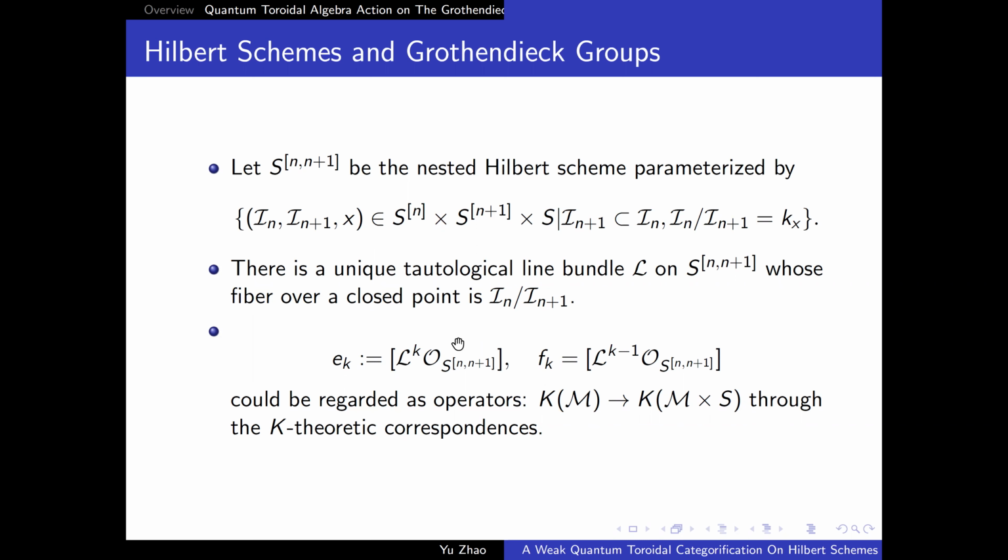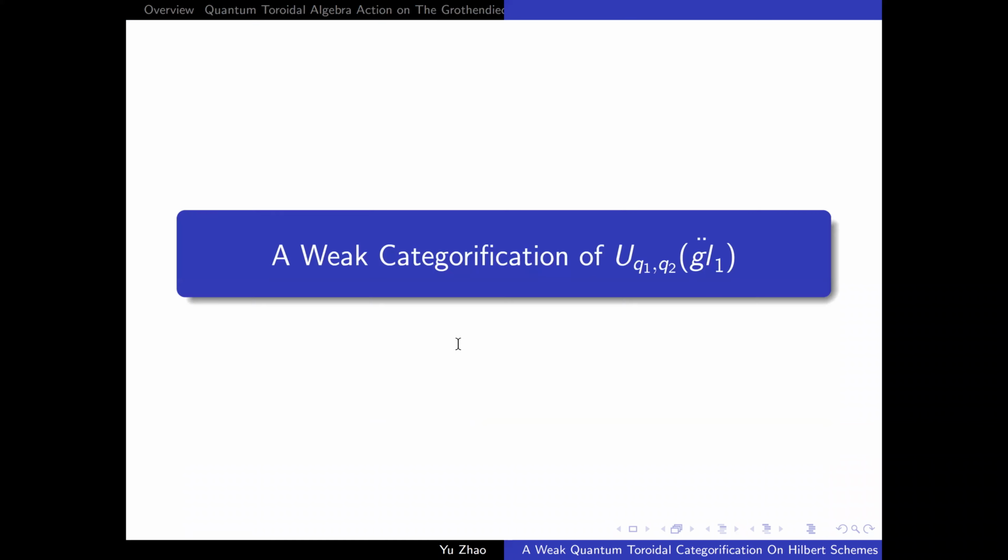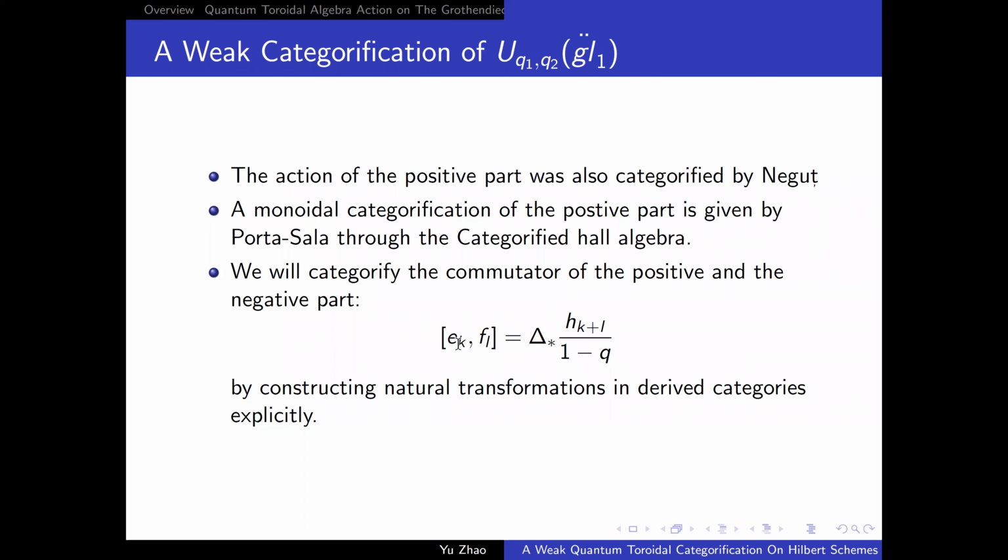And then I'm sorry, I'm confused about the statement you made about Andrei having only categorified the positive part. It seems that there are already candidates for categorifying, maybe in a weak sense, both E_k and F_l, correct? The issue is that we could categorify this operator, but we don't categorify the commutator. So for a weak categorification, we should not only categorify the operator, but we also need to understand how to write the commutation in terms of natural transformations.